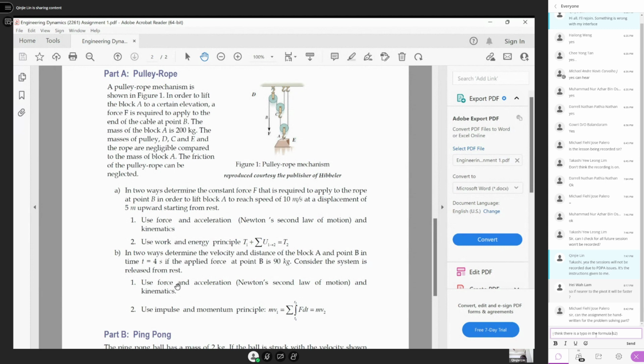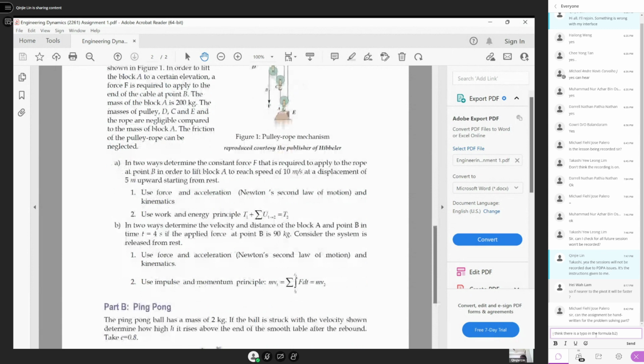Same thing, use two different methods to solve it. Force, acceleration, kinematics, that's one method. Also use your impulse and momentum methods. Remember your conservation of momentum. So we'll be using this to solve it. Again, you're finding the same thing, so you should expect the same answer.